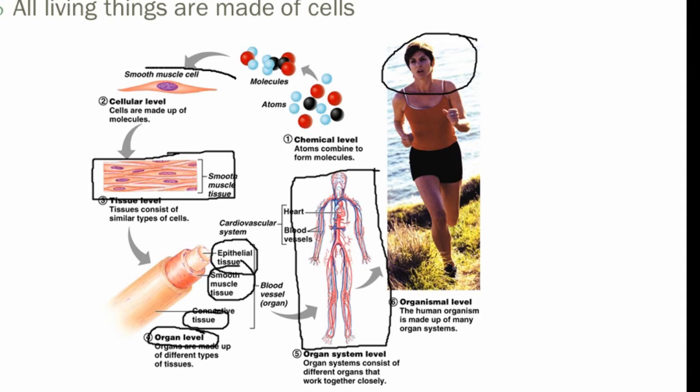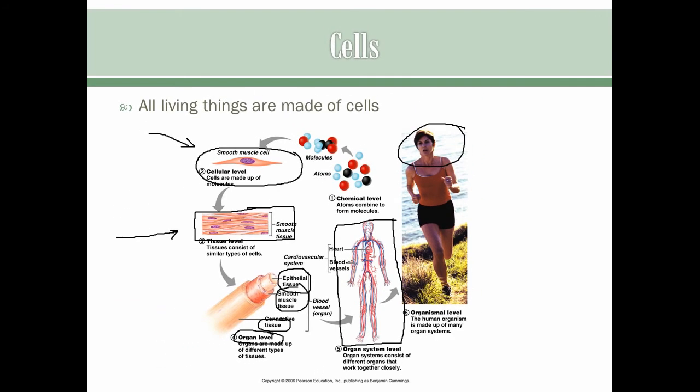Going the other direction, if you look inside your body, you are made up of millions of cells. Those cells that are doing the same types of job are grouped into tissues. Tissues are grouped together into organs. Organs are grouped together into systems, and then systems work together to make an individual.